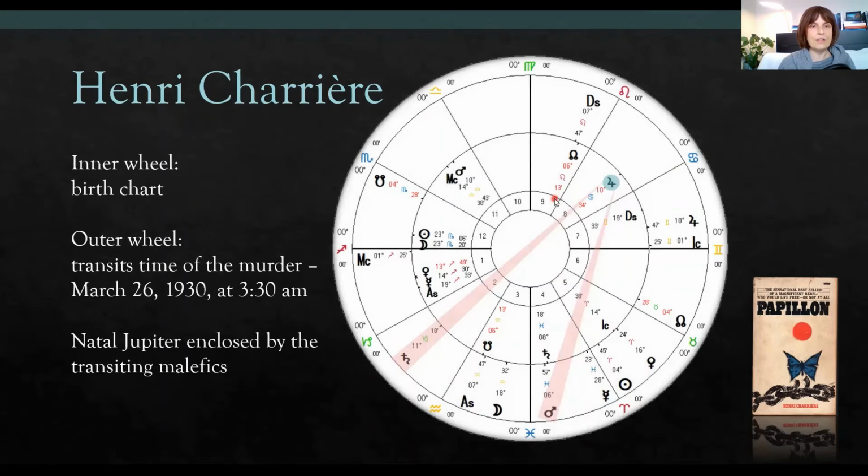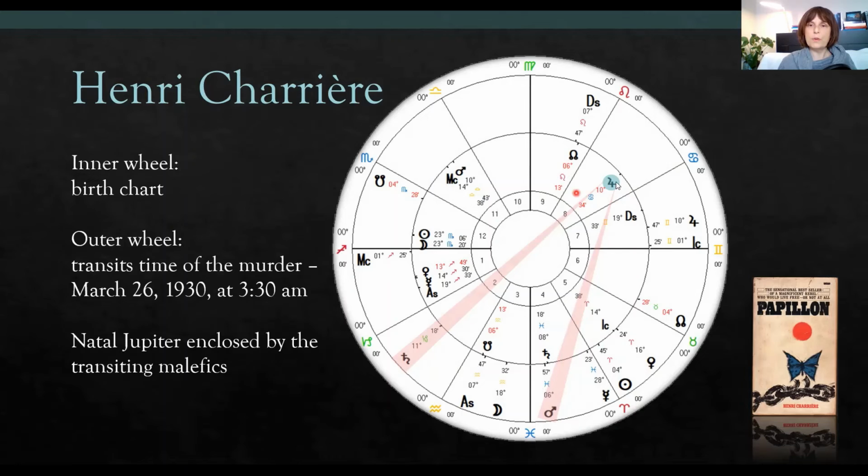And I've got the transit chart of the time of the murder, and we can see how the natal promise around this enclosed Jupiter is activated by an actual repetition of the enclosure pattern of the natal chart through the transits.